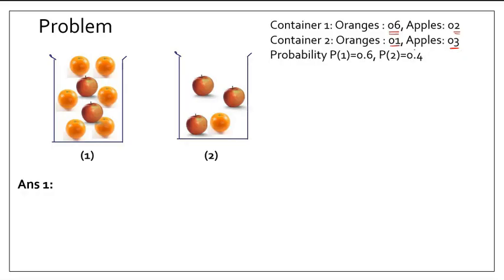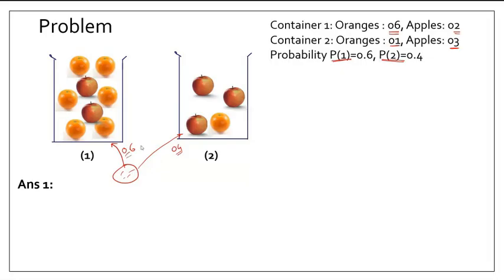Probability of container 1: there are 2 containers, and it is observed that a person sitting over here chooses container 1 more because he is nearer to it than container 2.